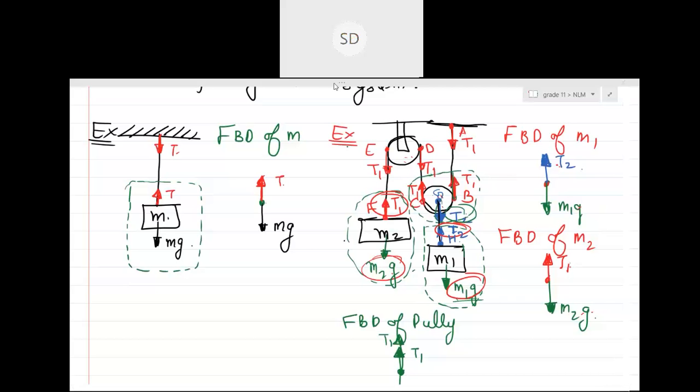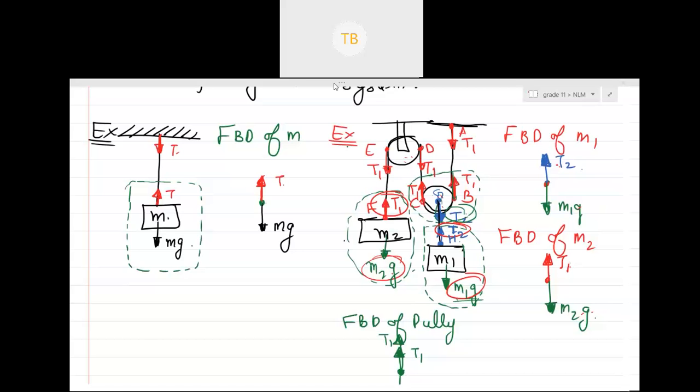You don't need to draw this again. You need to just draw the free body diagram where you have drawn the initial diagrams. Okay. Is this clear, guys?